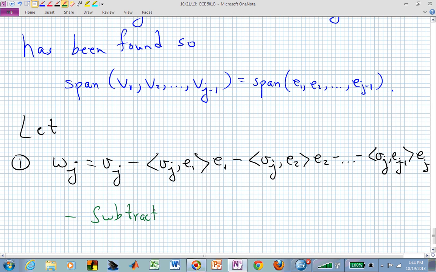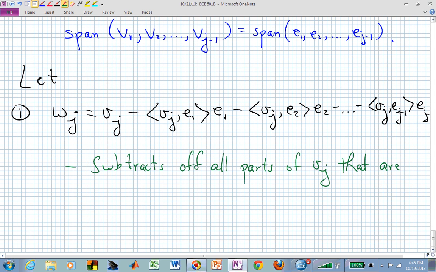In this process, then, we are subtracting off all parts of, let's say, V sub j that are in line with or are along the different E sub L's, where these E sub L's are coming to us from E1, E2, up to E sub j minus 1.